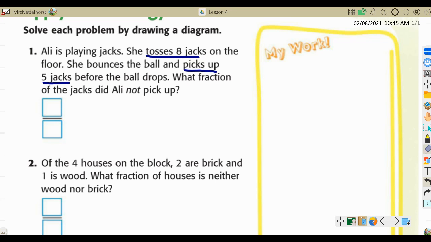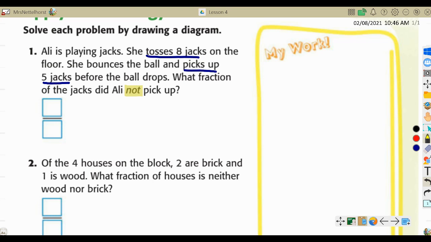This is important, and I've warned you guys before that you'll get a lot of these, especially on that state test, because they want to make sure you're really paying attention to those word problems and that you really know what you're doing. So don't just go, oh, 8 and 5 and blah, blah, blah.